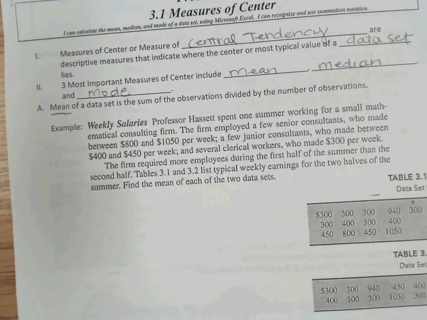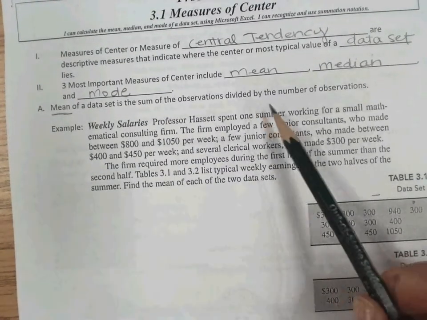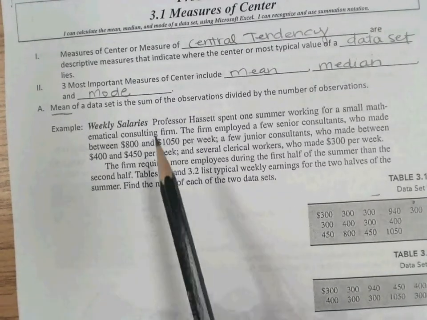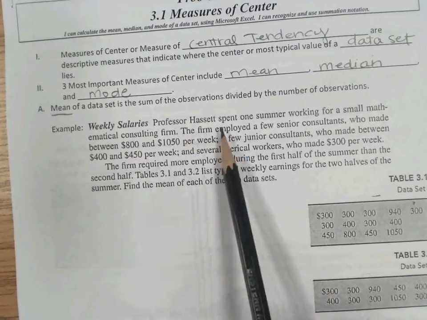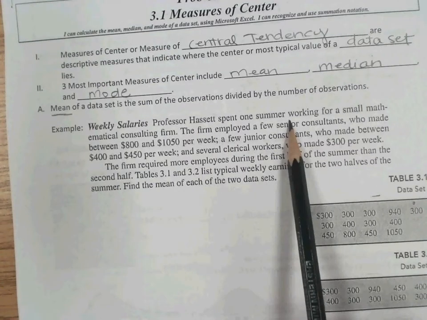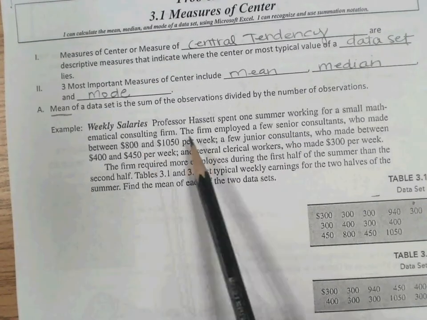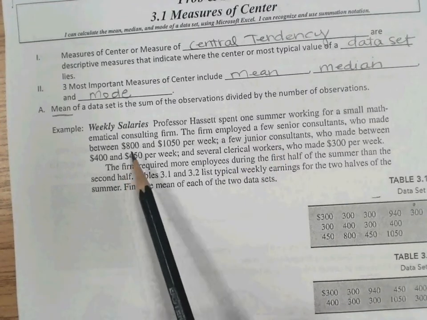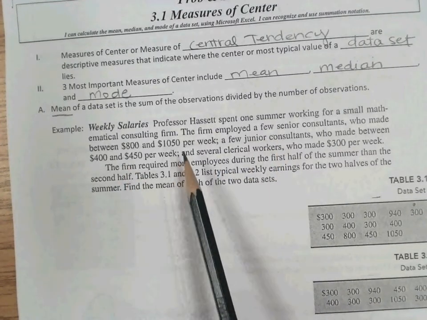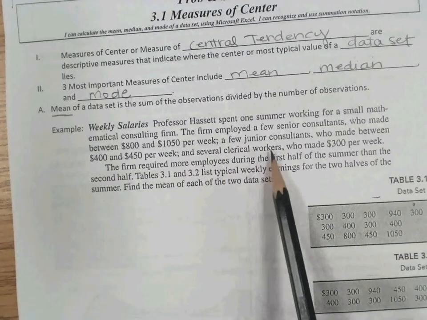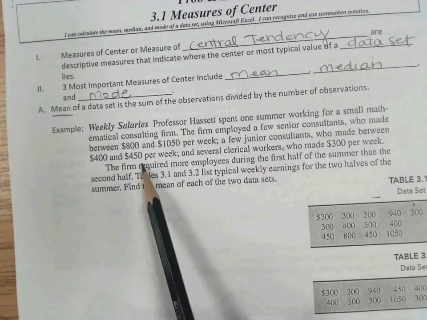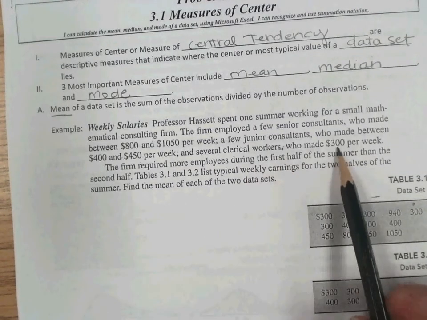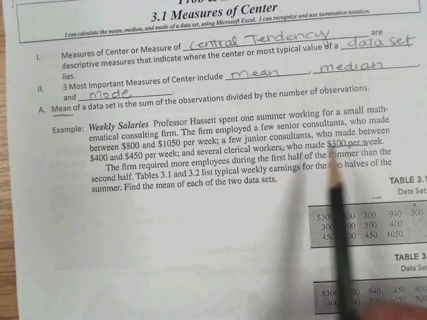The mean of a data set is the sum of the observations divided by the number of observations. So in this example, we're talking about weekly salaries. Professor Hassett spent one summer working for a small mathematical consulting firm. The firm employed a few senior consultants who made between $800 and $1,050 per week, a few junior consultants who made between $400 and $450 per week, and several clerical workers who made $300 per week.